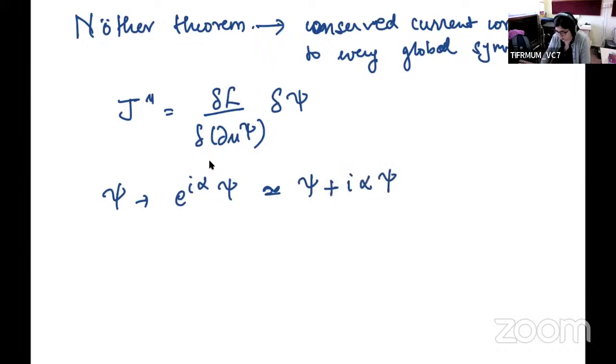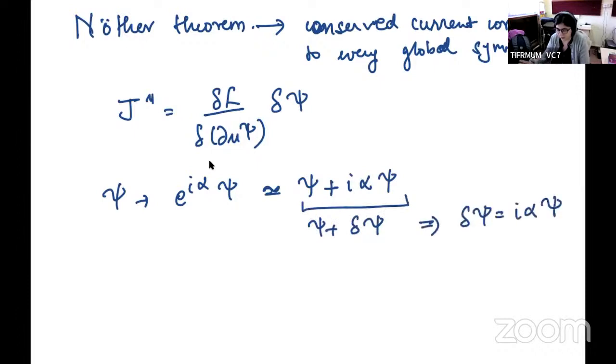So if you write this as psi plus delta psi, that tells you delta psi is nothing but i alpha psi. Okay?